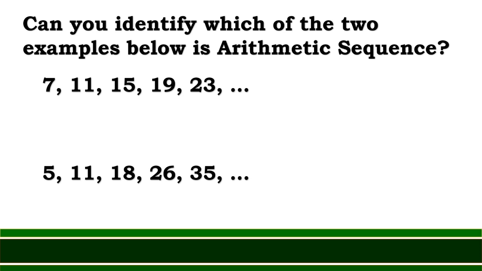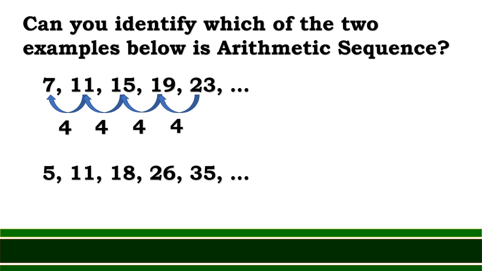Let us check the first sequence. 11 minus 7 will give you 4. 15 minus 11 will give you 4 also. 19 minus 15 is also 4. 23 minus 19 is also 4.